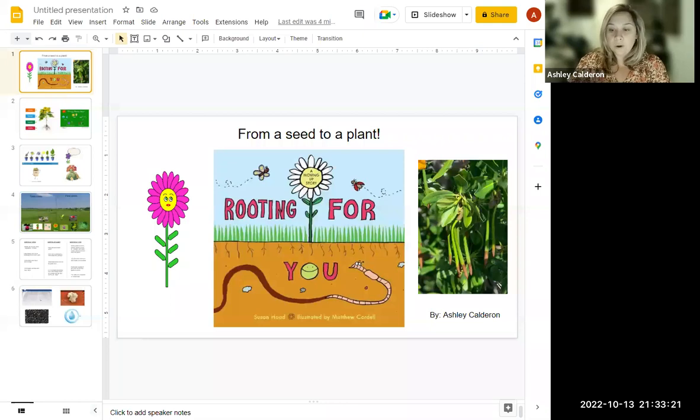Okay, so what we're going to do is go into looking at real plants and learning a little bit about them. And then we're going to look at some fake plants and look at the different characteristics of both so we can learn to understand the difference.